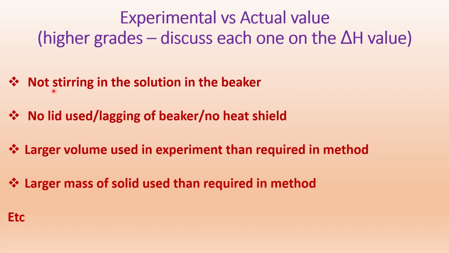Using a larger volume in an experiment obviously can lead to an error because with a larger volume, the heat is spread more evenly, and therefore you'll get a lower temperature change, which means a lower heat energy change. So we must make sure we measure the volume as precisely as possible, for example using a burette or a pipette, not a measuring cylinder.